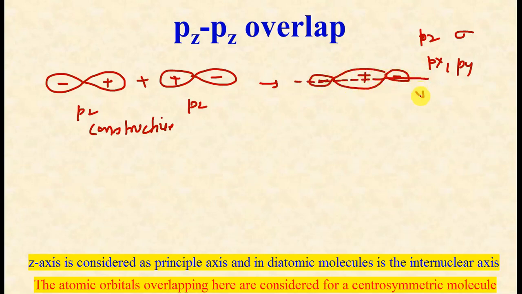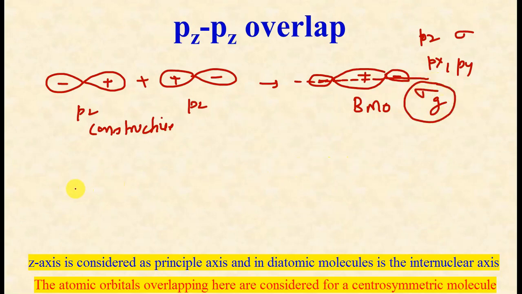This is represented as sigma g, because we have a symmetric distribution of charges in the bonding molecular orbital resulting from the constructive overlap of pz orbitals. So this is similar to ss overlap, and the bonding molecular orbital is also represented as sigma g.